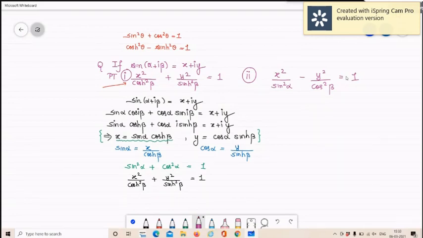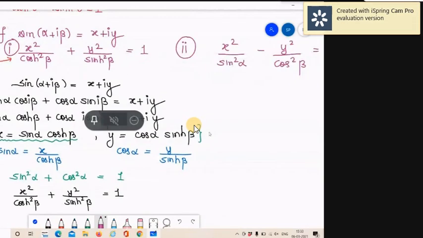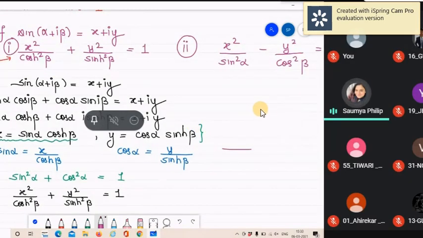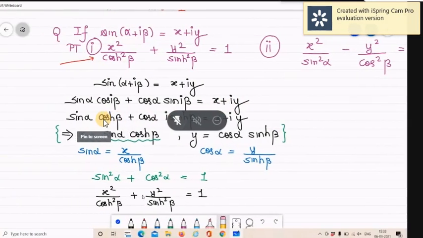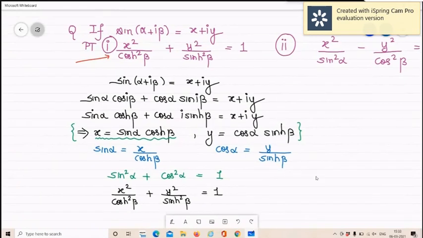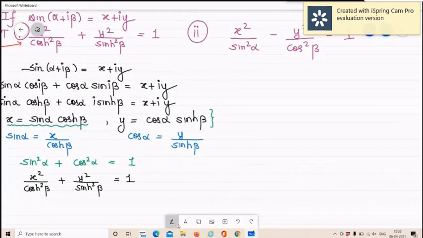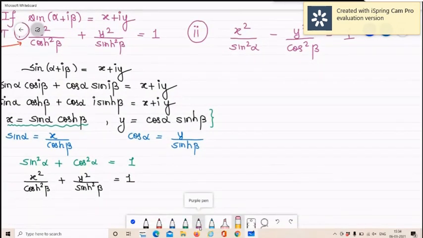Ma'am, the hyperbolic formula, to eliminate, we will put it in there. Yes, absolutely right. So in this particular relation that we have written, we are now going to focus on what? Because I need to eliminate the beta part, because I only have cos there.